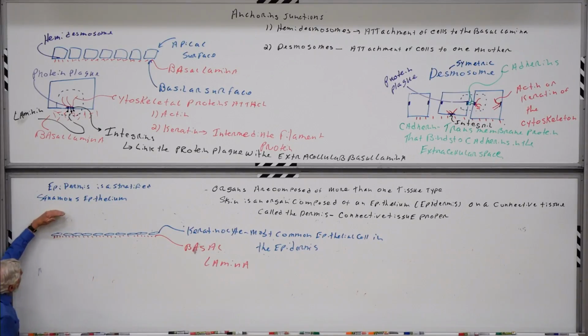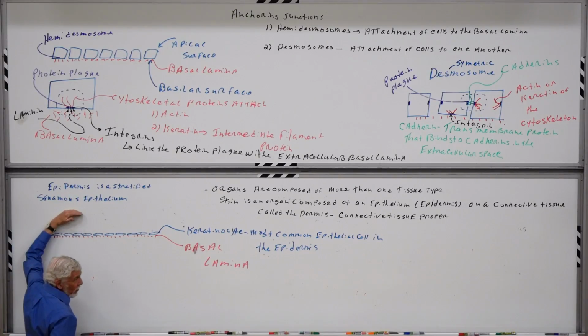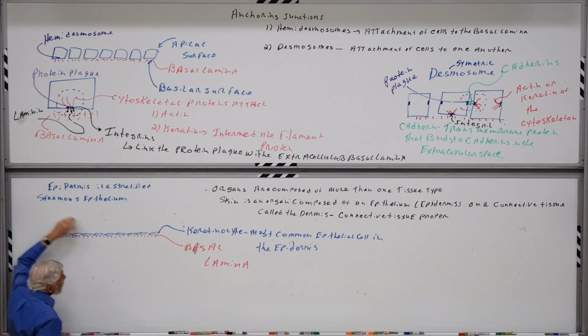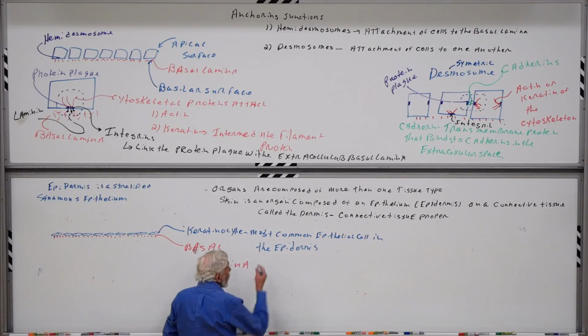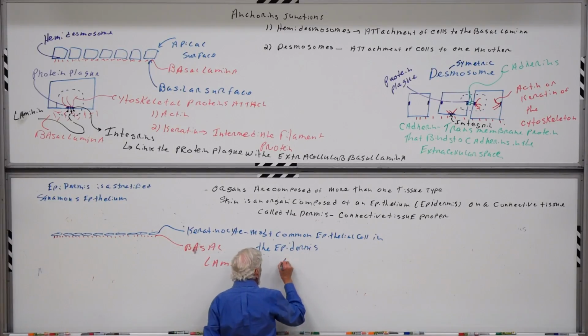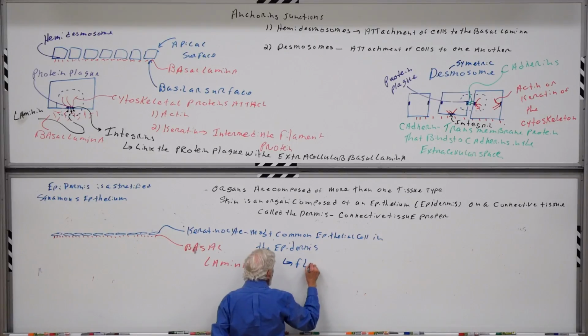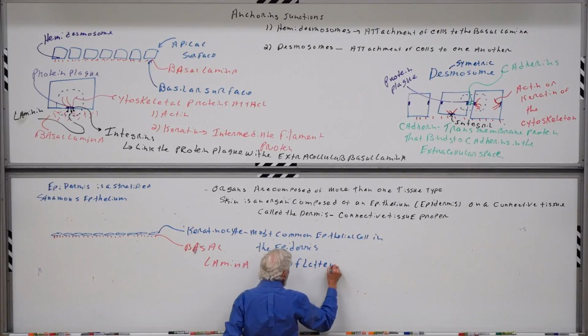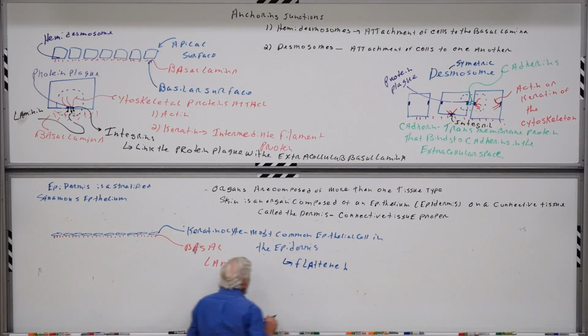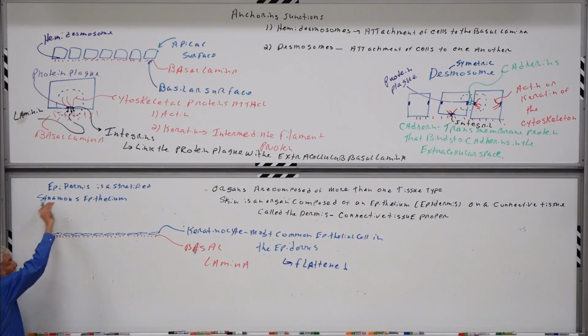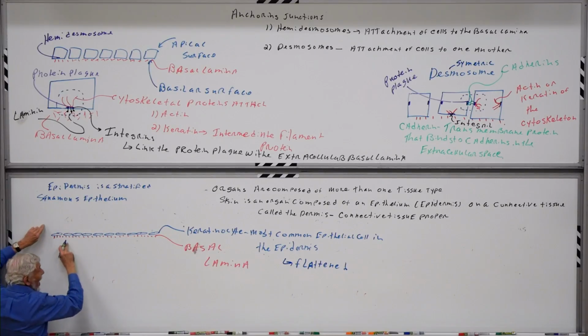But it's a stratified squamous epithelium. It's squamous because these keratinocytes, which again are the most common epithelial cells in the epidermis, are flattened. Squamous is just a fancy word for flattened. And so we're going to be flattened cells.